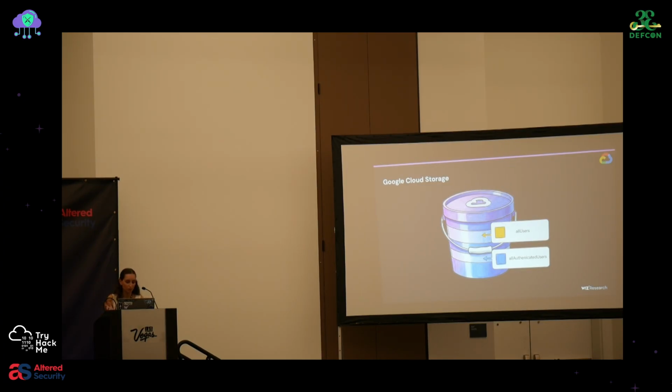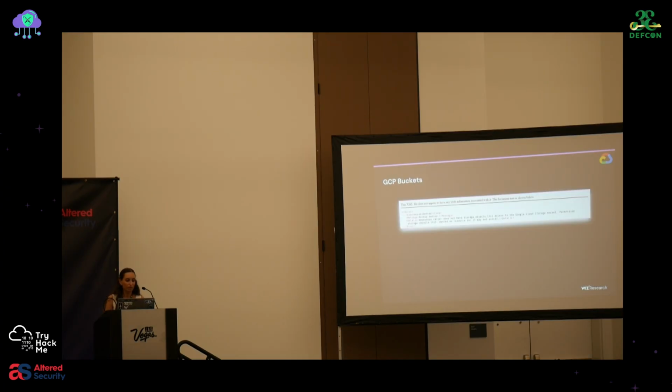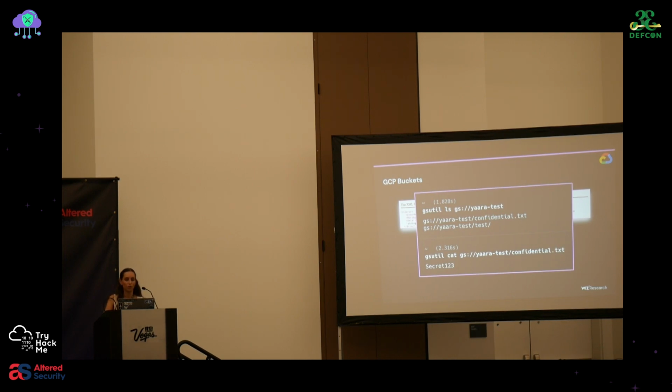So let's see how it works. Let's say we have a bucket. We know that it has the allAuthenticatedUsers policy. How does it look? When we first try to access it from our local computer, we get access denied. Okay, expected. Then we try to access it again, being authenticated to any GCP environment.